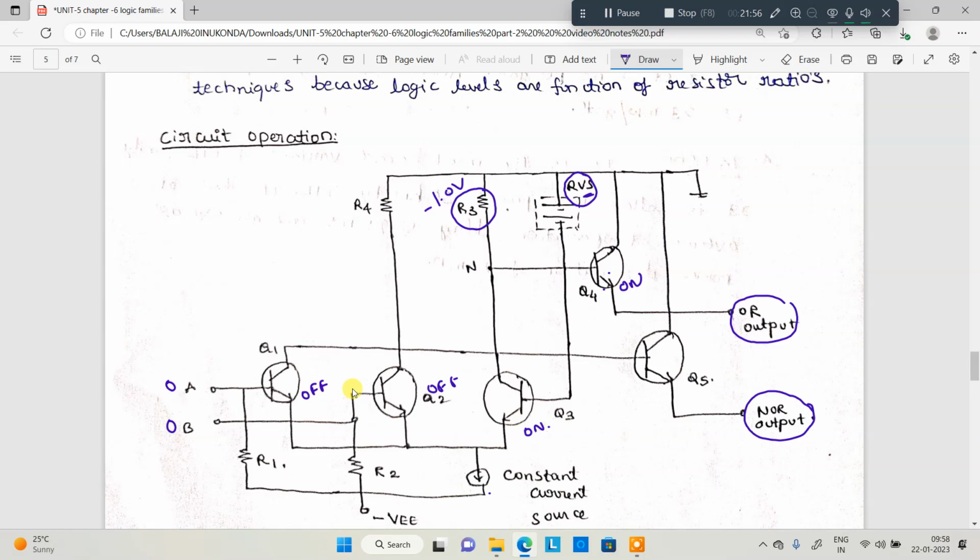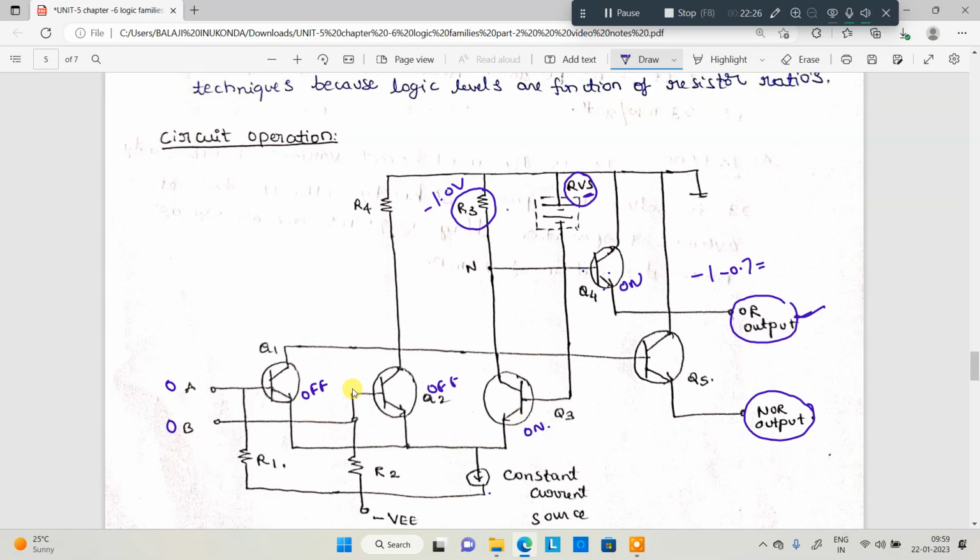Q4 is on. Whenever Q4 is on, this voltage of the emitter is connected to the R output. Emitter is available, right? How is it? See, it is a minus 1 volt drop, as well as the base to emitter drop of minus 0.7 in case of a silicon device.